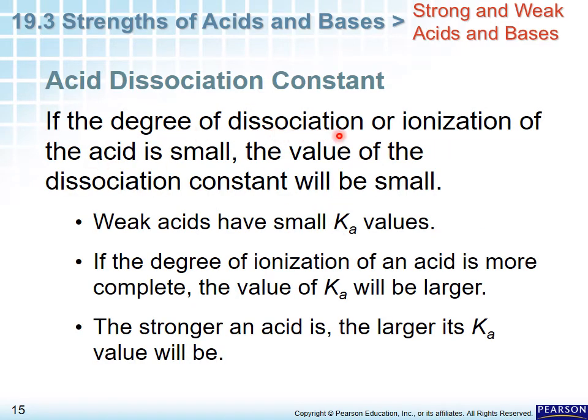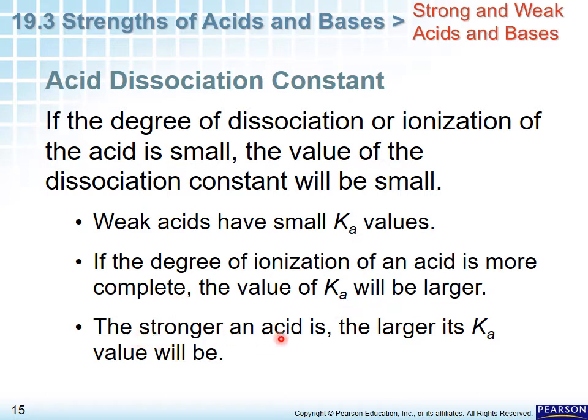If the degree of dissociation or ionization of the acid is small, the value of the dissociation constant will be small. How? Check here. A weak acid has a small Ka, the acid dissociation constant value. If the degree of ionization of an acid is more complete, the value of Ka will be larger.